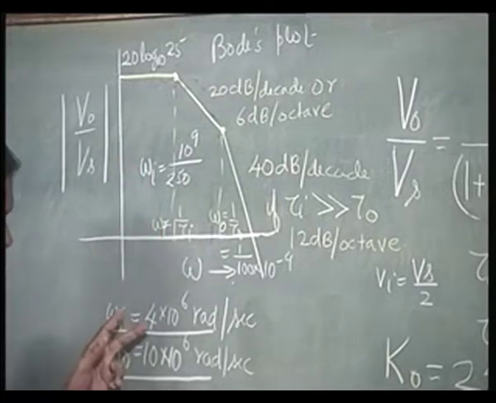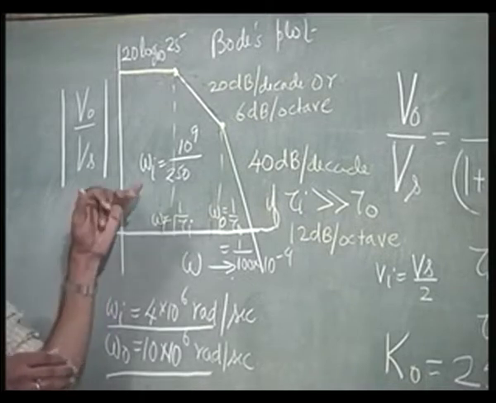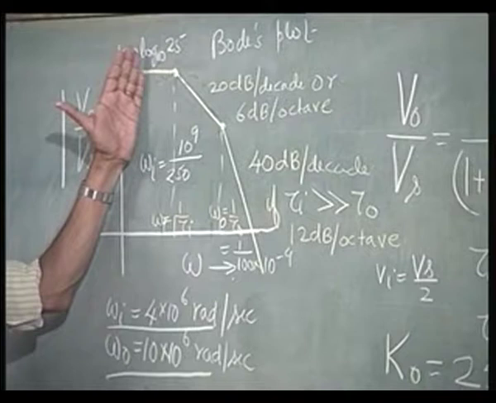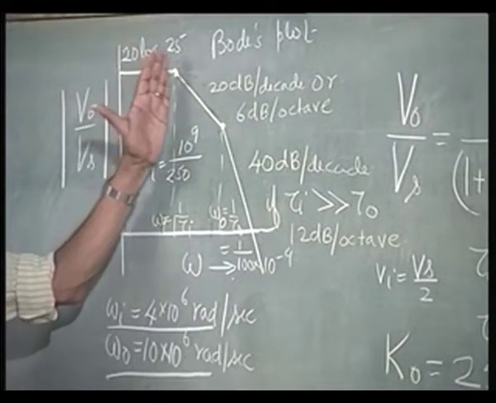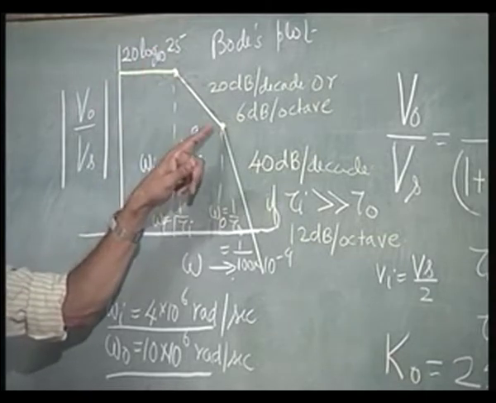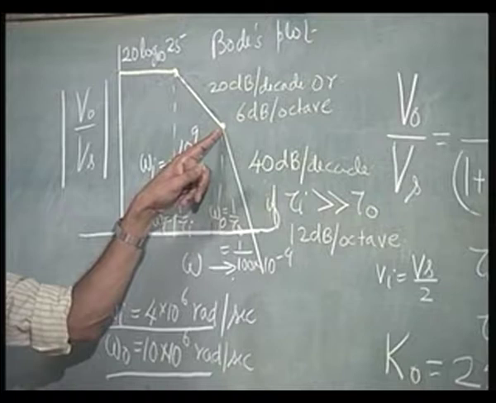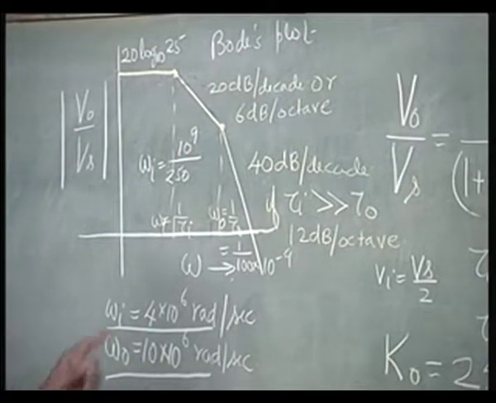But now in this case 4 and 10 are pretty close to one another. So, the upper cutoff frequency actually is going to be less than 4 mega radians per second, because the other corner also influences it in reducing the gain. So, you have to evaluate the upper cutoff frequency.